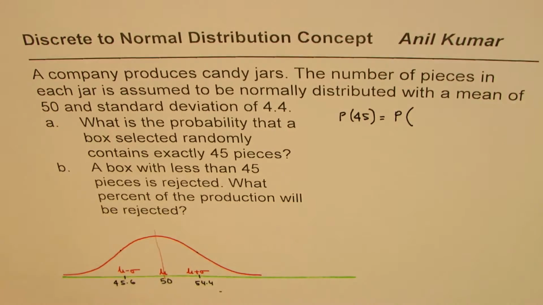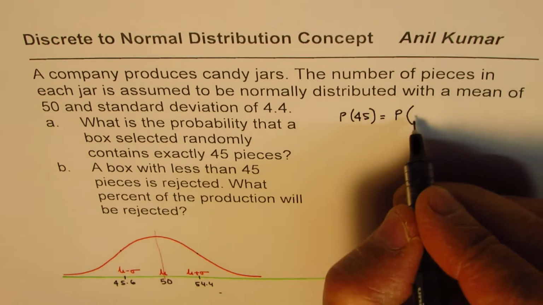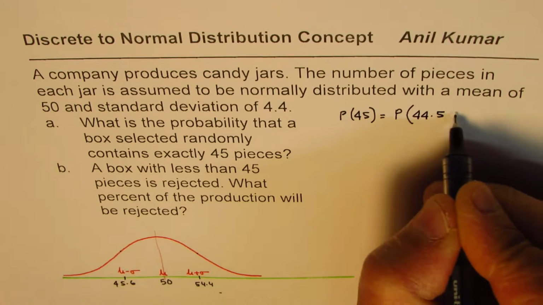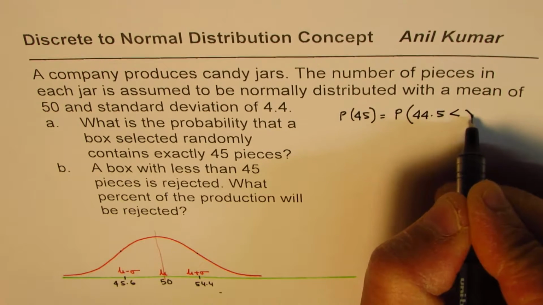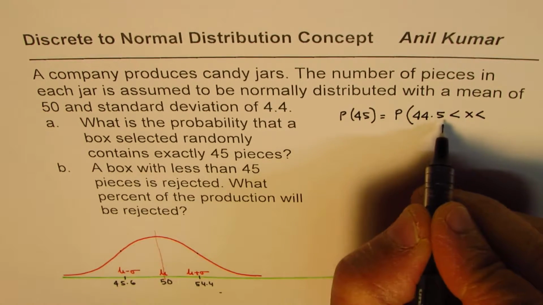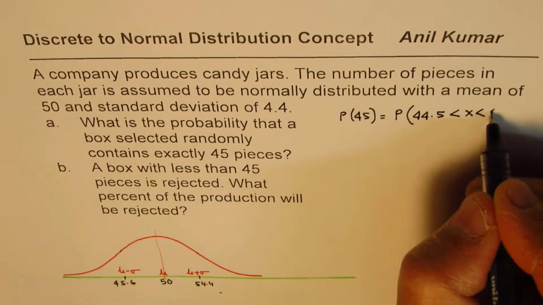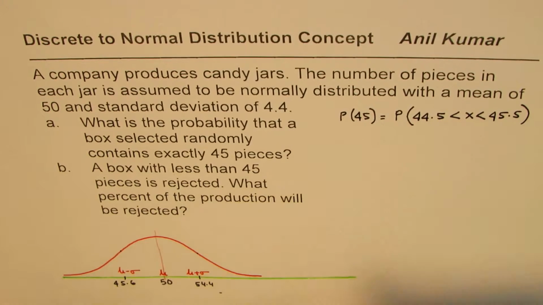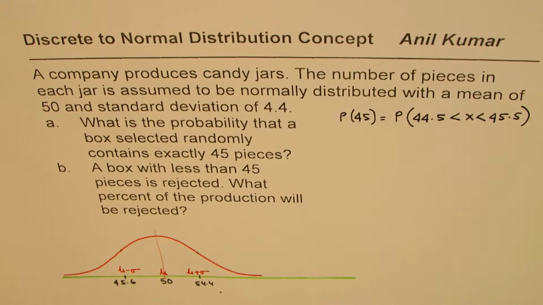So 45 is a discrete number which is between 44.5, right? So we say our random variable is between 44.5 and 45.5. Does it make sense? So this x could actually take only one value, 45, right?